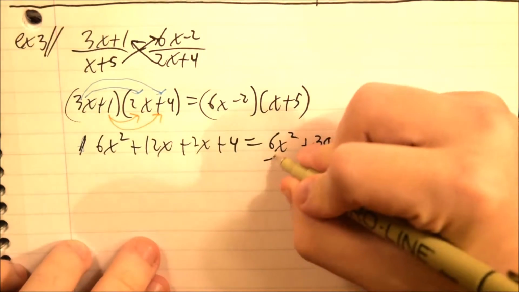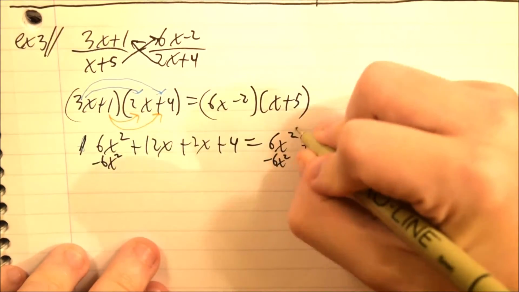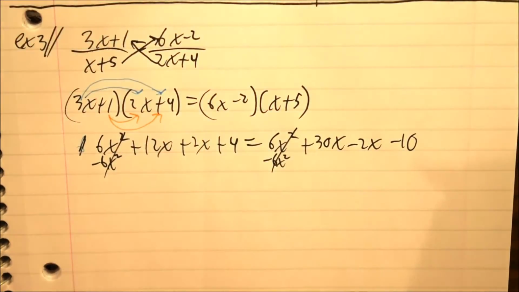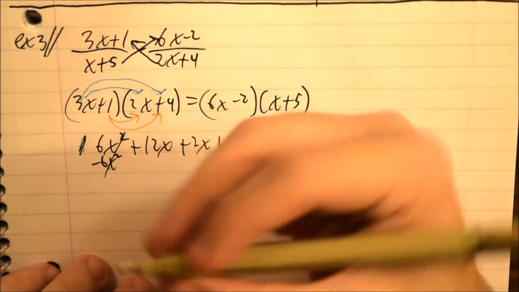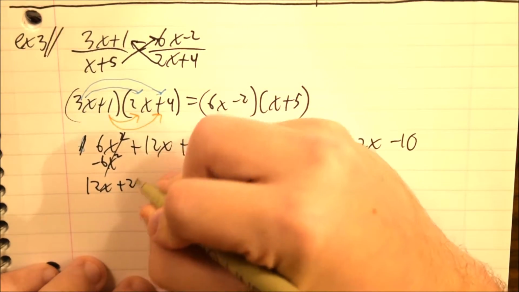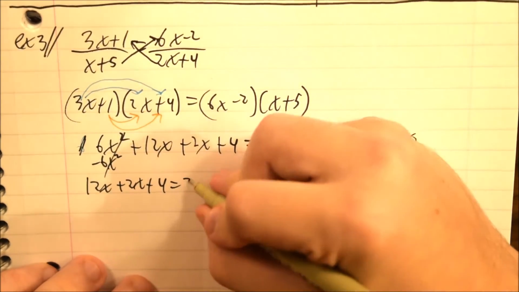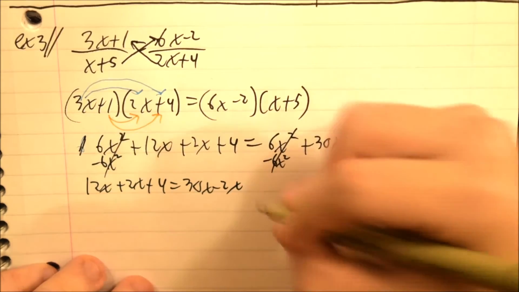So I'm going to subtract 6x squared from both sides, these cancel, and what am I left with? I'm left with 12x plus 2x plus 4 equals 30x minus 2x minus 10.